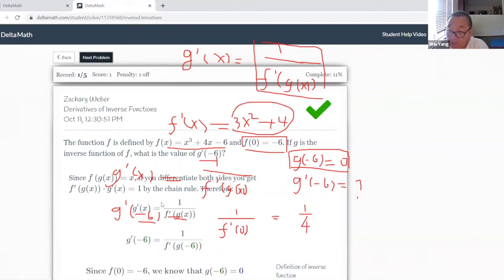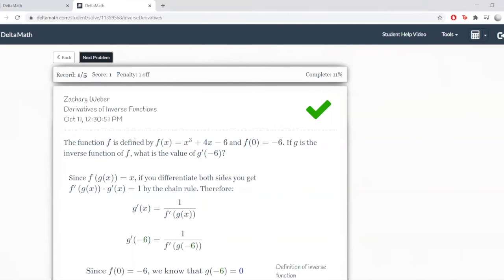Then we already got the derivative of f(x) equals 3x squared plus 4. Then you just plug x equals 0 here, and you get 4. But that one is in the denominator, right? So you get 1 over 4.